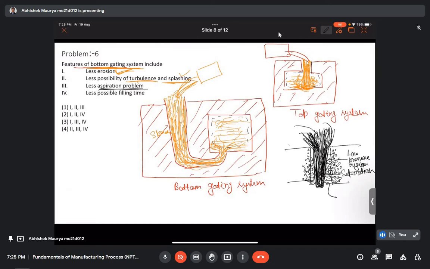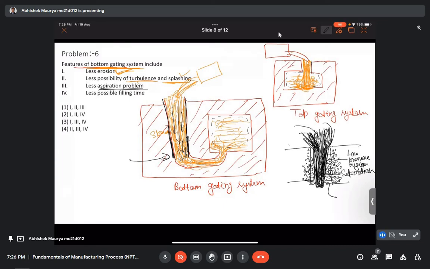Now this aspiration problem can be tackled in the bottom gating system by reducing the cross section area of the sprue from top to the bottom. Basically we are tapering the cross section area of the sprue, since we already know that when the molten metal comes down, its stream will get narrowed because of the increase in velocity.